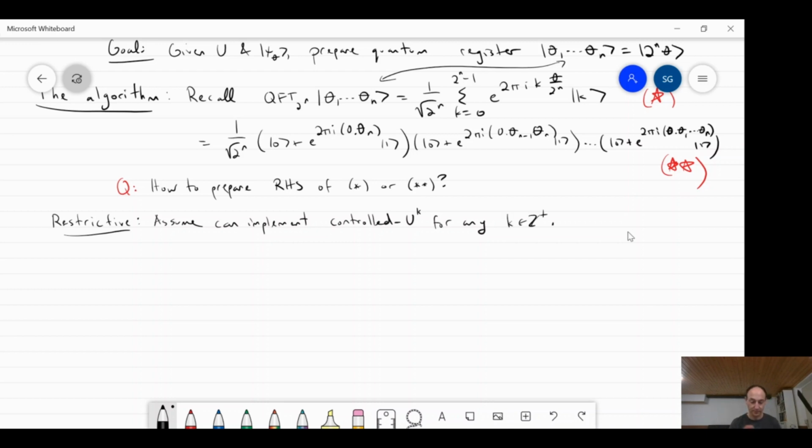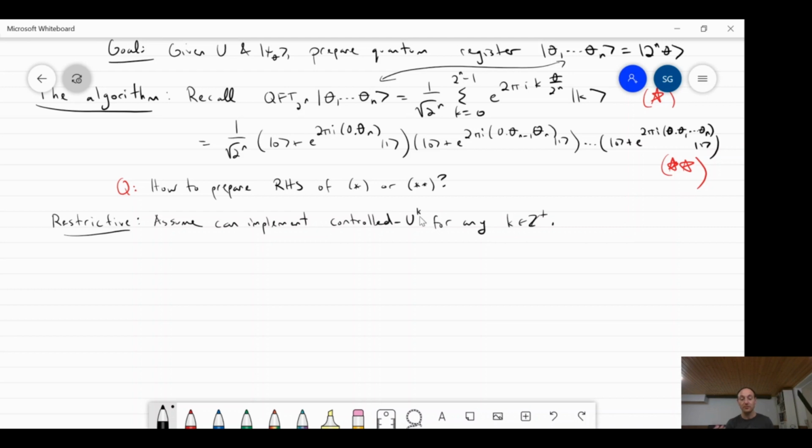So that's the first scenario. We're going to need a stronger assumption that you can do a controlled version, just like a controlled NOT, same principle. But now what gets controlled is this operator U. U to the k, let me be clear, is just the operator U applied k times, so to the power k. And we assume you can do it for any possible k you want. And we'll talk about cost at the end, of course.